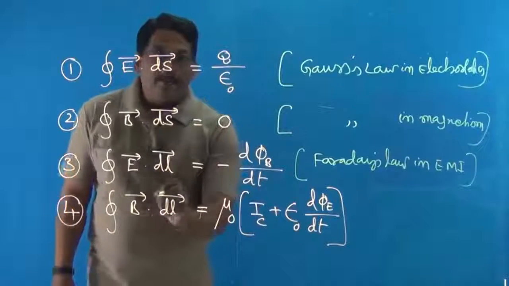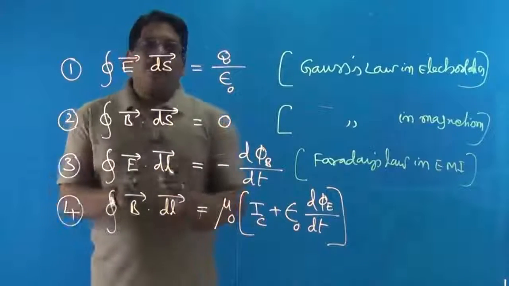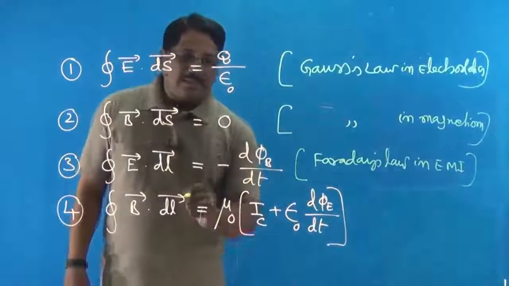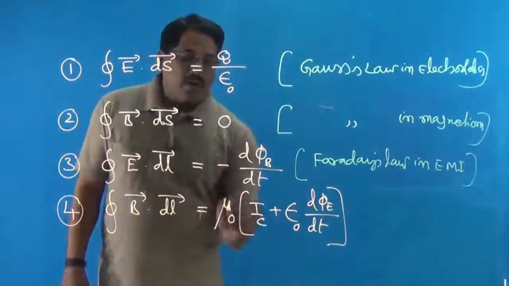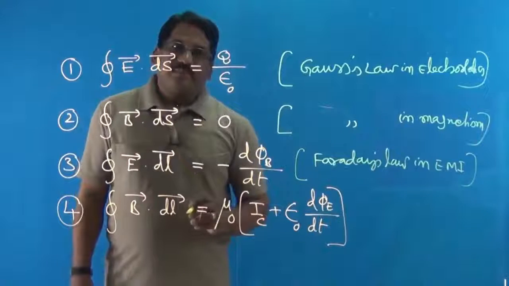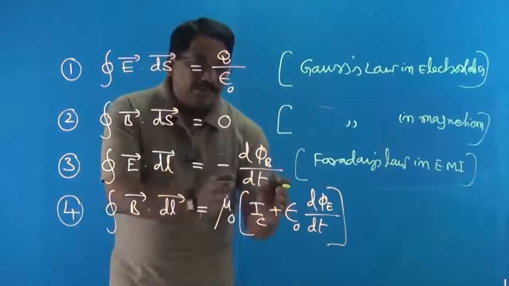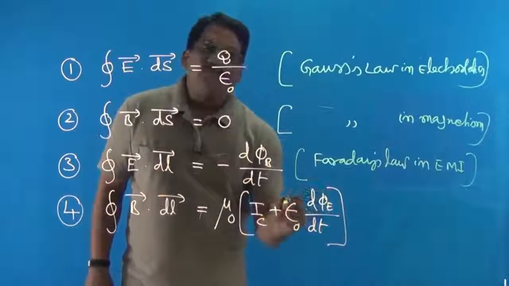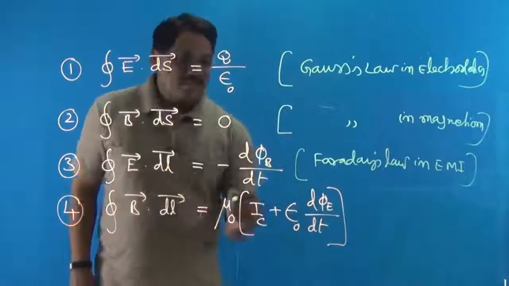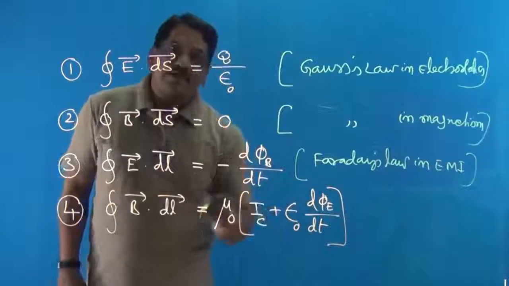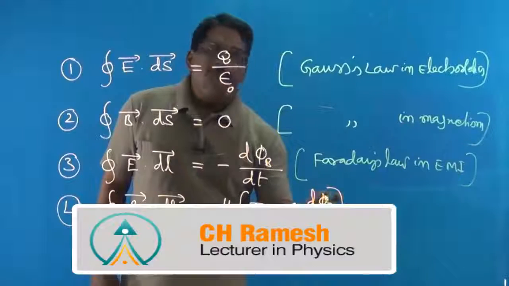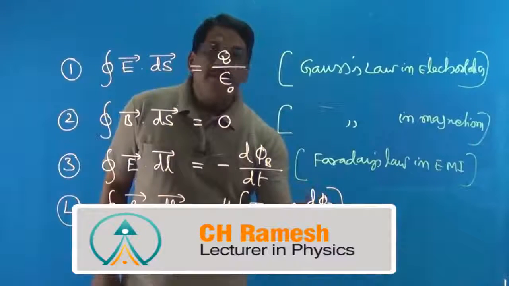And the fourth one, the line integral of the magnetic field over a closed loop, is equal to mu naught times the sum of the conduction current and the displacement current. Here I_C stands for conduction current, and the term epsilon naught d by dt of phi suffix e is the displacement current.